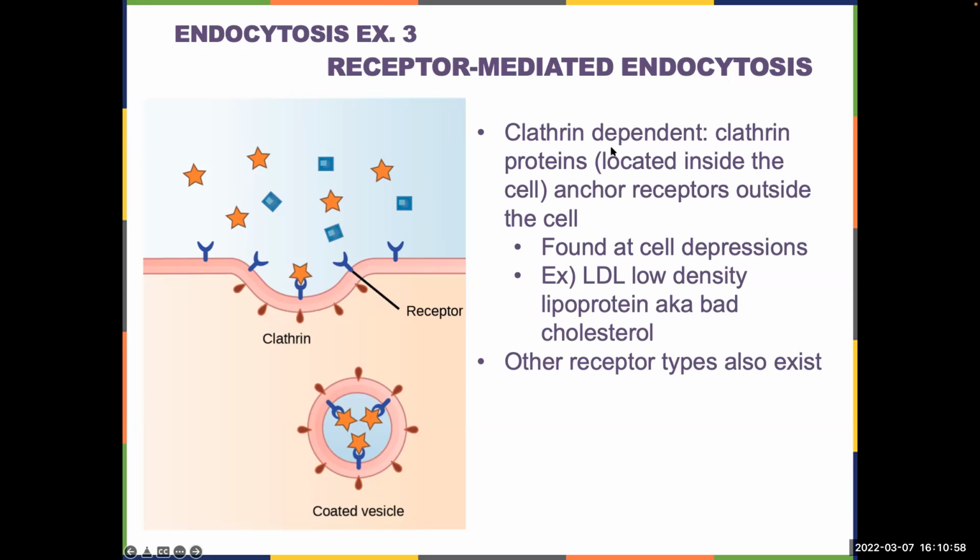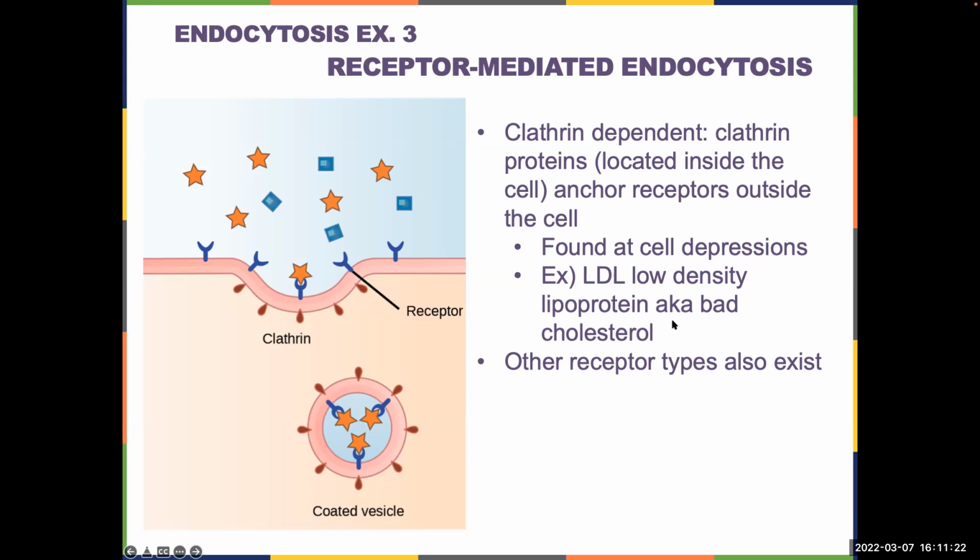So clathrin dependent. Clathrin proteins are located on the inside part of the depression, which is the opposite side of the receptor. Okay, so this will be at cell depressions, and an example of what it could be bringing inside would be like LDL. LDL stands for low density lipoprotein.